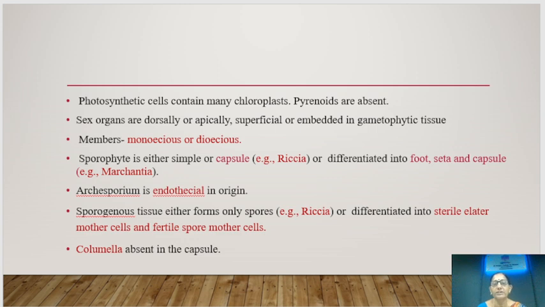In the sporophyte of liverworts, the sporogenous tissue either forms only spores or may differentiate into sterile elaters and spore mother cells. Columella is generally absent in the liverworts.